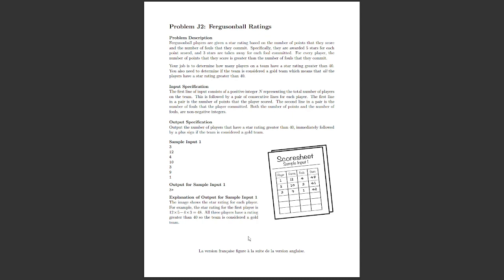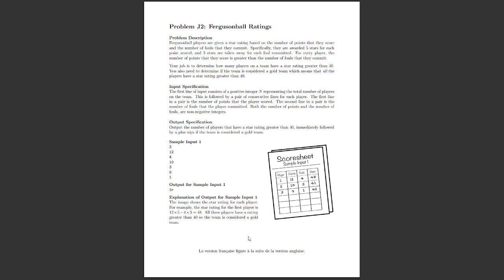So that player is a star player or something like that. The second player scored 10 points and committed 3 fouls. So if we want to calculate that, 10 times 5 is 50, minus 3 times 3, 9. So 50 minus 9 is 41.